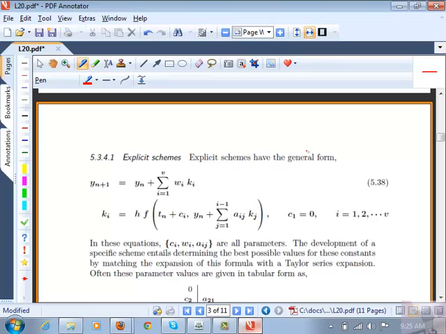Okay, so I'm going to take the step in going from n to n plus 1. So Runge-Kutta methods are single step methods. They advance only one step at a time, but they make it possible to improve the accuracy by evaluating the function at a number of intermediate points. And these would be called k1, k2, k3, etc. Okay, and we are identifying where those functions will be calculated.